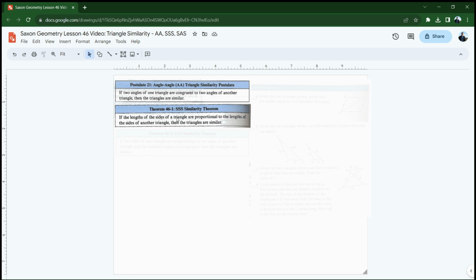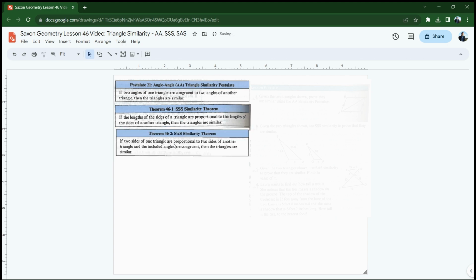This is saying if the three sides are not congruent, but are proportional to the lengths of the sides of another triangle, then the triangles are similar. You have to prove that about all three sides, though. So the first one's really a bargain postulate because we only have to prove it about two angles. This one we have to prove about three different sides.